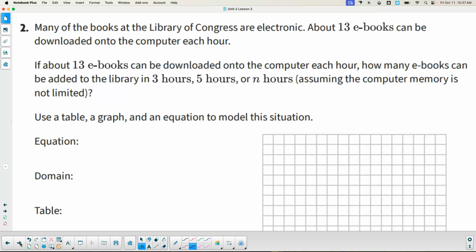So I want you to do numbers 2 through 7 now. Probably give you closer to 25 minutes to get those done at your tables. Okay? So you're doing numbers 2 through 7 right now. Go. Please pause the video here, and you can start it back when you're done.